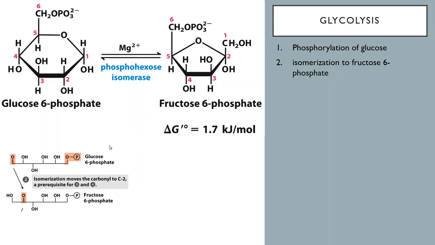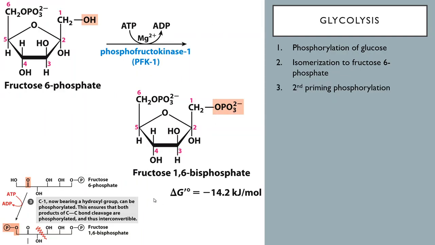So now we've got fructose 6-phosphate, which is what it looks like linearized. We've just moved the carbonyl oxygen from the number 1 position to the number 2 position. And then we have another phosphorylation step. So another kinase. This one's called phosphofructokinase because it takes fructose 6-phosphate and adds another phosphate to the number 1 carbon.